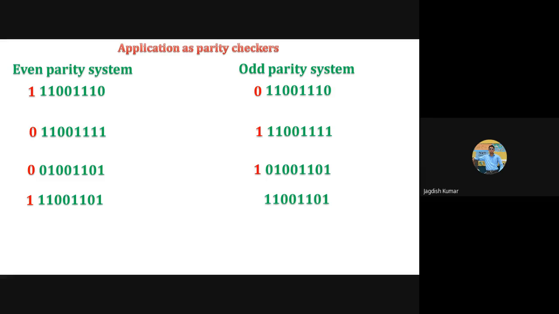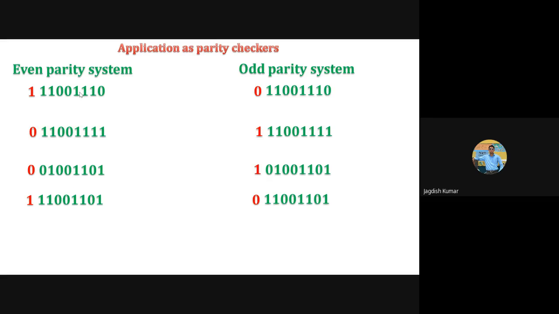Do it with patience, don't be in a hurry. Correct. So that's how we can fix the parity bits to make sure that our data has either even parity or odd parity. So that is the usage of the parity bit.